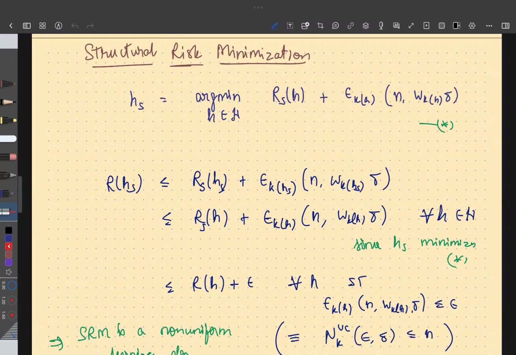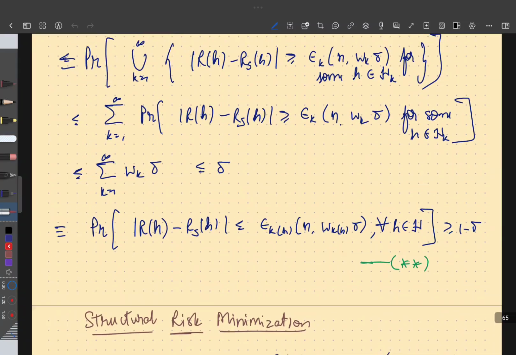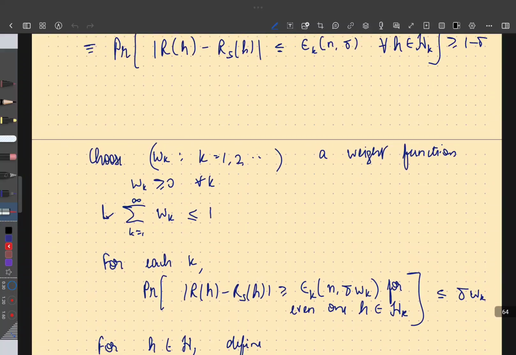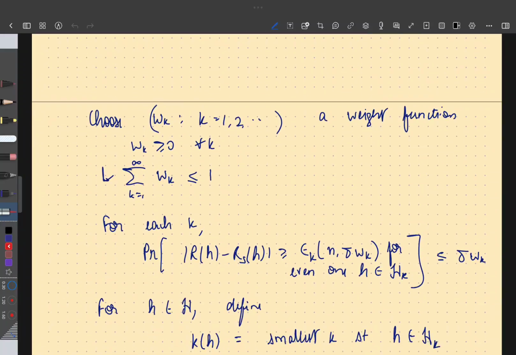So in defining structural risk minimization, we also required this quantity, the weight function. Recall that the weight function is any sequence of non-negative numbers which sums to something less than or equal to 1.